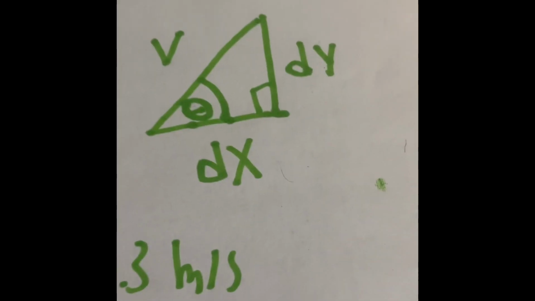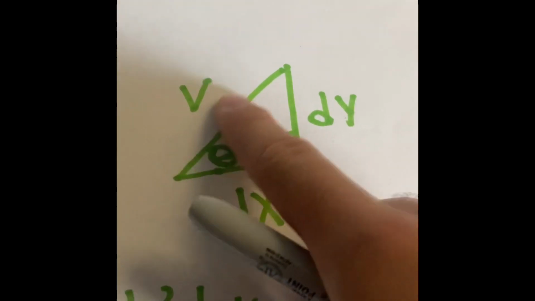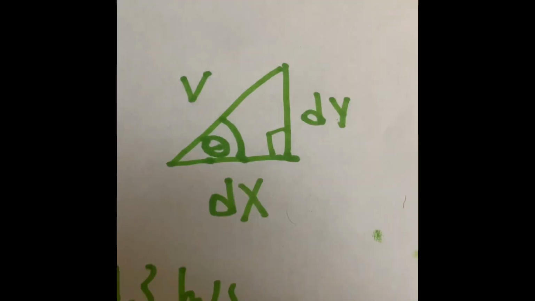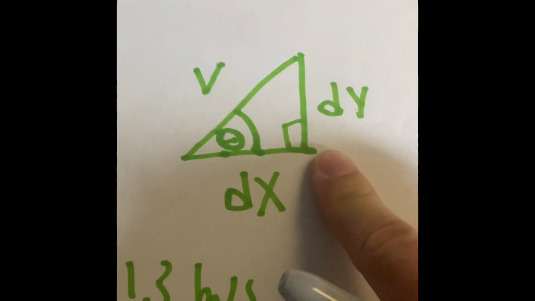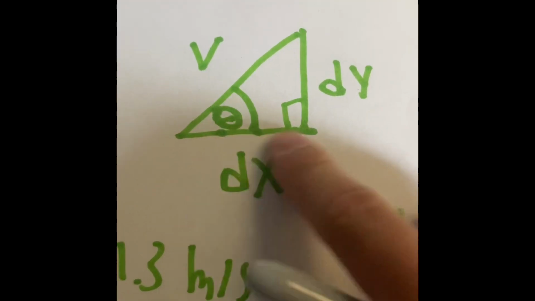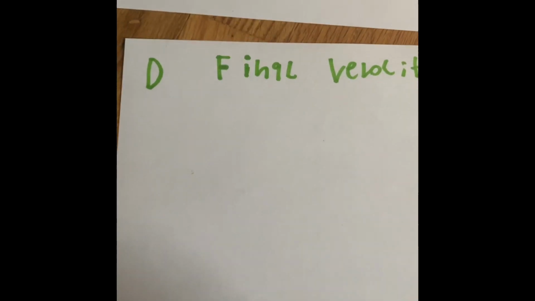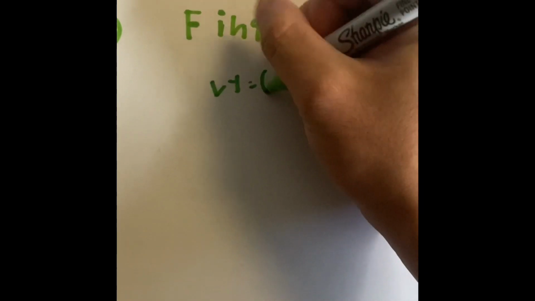Do you remember when we used this triangle? We understood that our V is the hypotenuse, basically the speed of the ball in a certain direction. Your dy is the height, basically how much altitude the ball has, and dx, as we've talked about, is your range. What happens here is we know that Vy is going to equal 6.48 from the data over here.